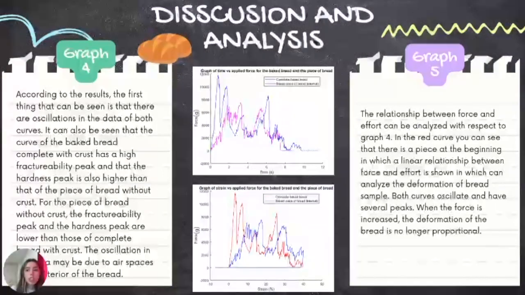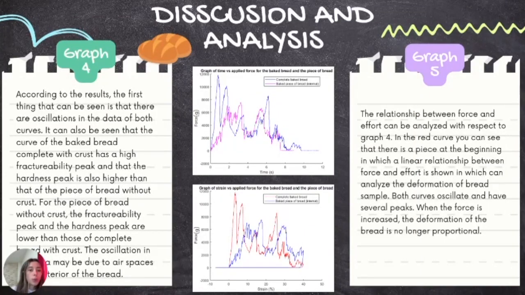The oscillation in the data may be due to air spaces in the interior of the bread, and finally, the difference between hardness of both samples may be due to the fact that one sample includes the crust and the other is only the analysis of the internal part of the bread.